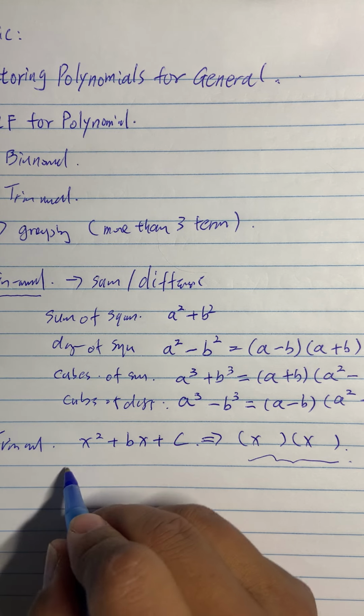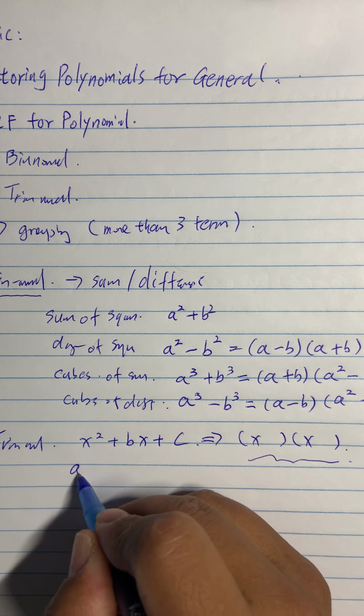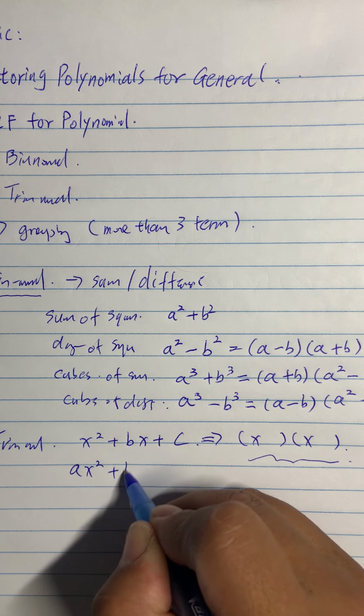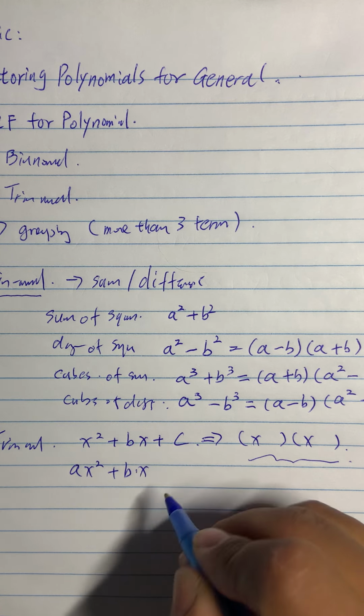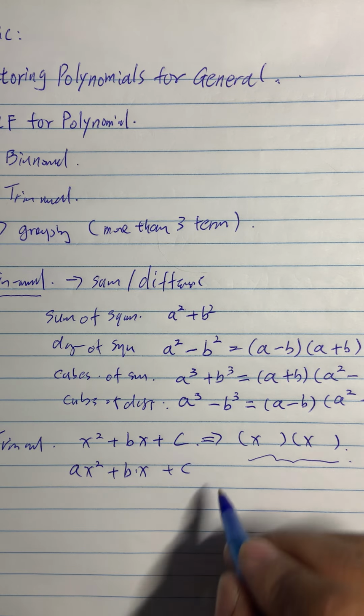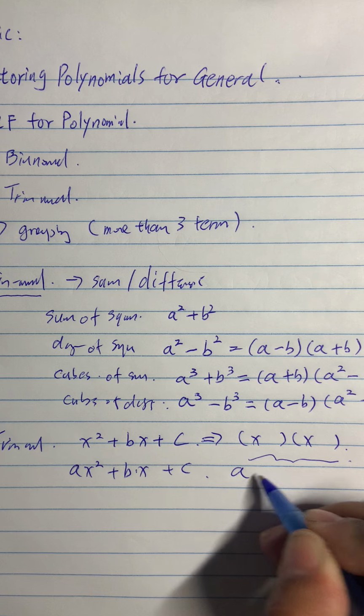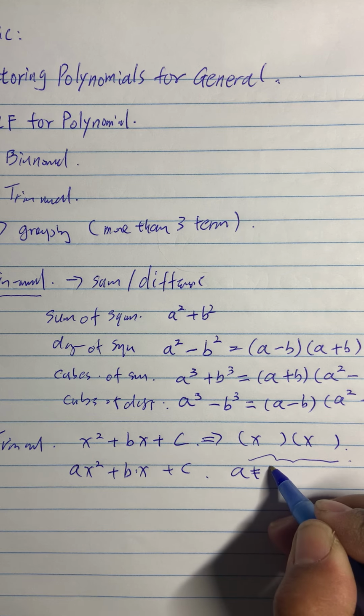Then if it is ax squared plus bx plus c, we must know a does not equal 1.